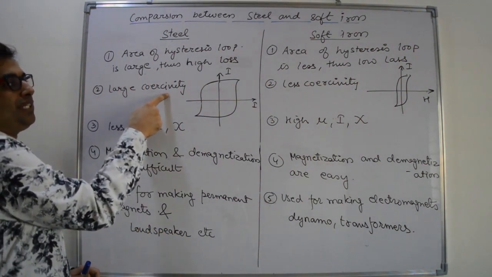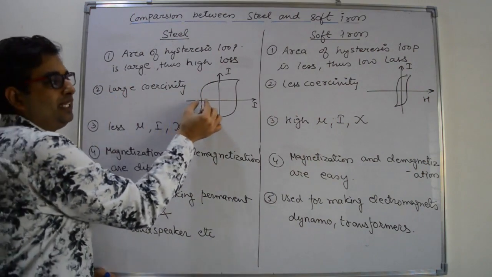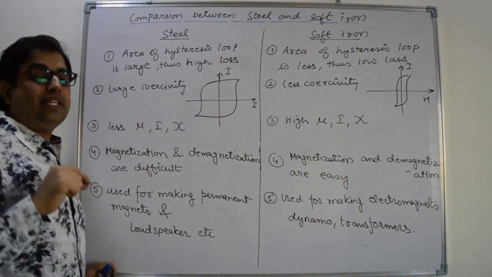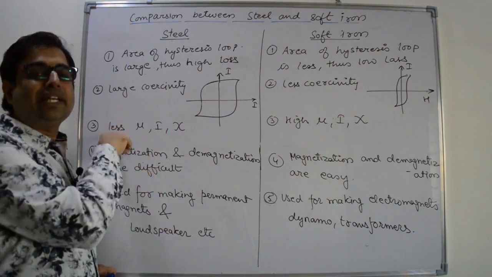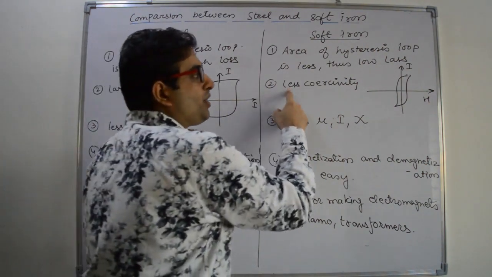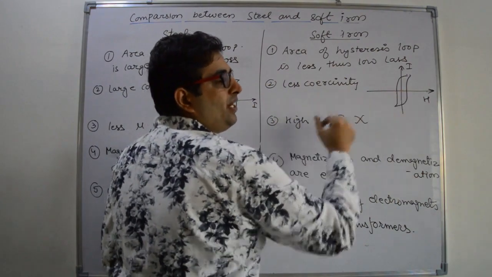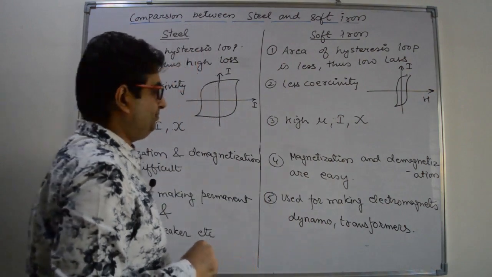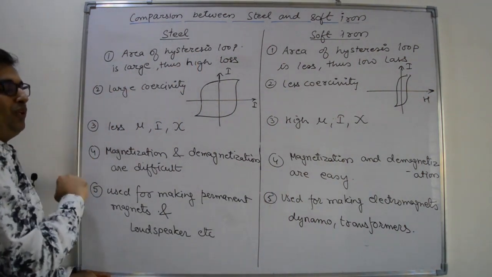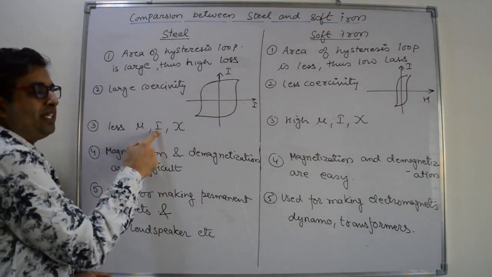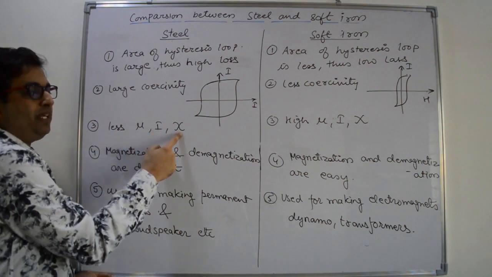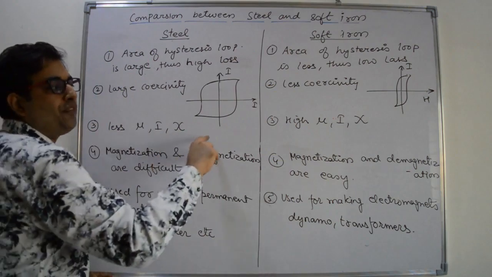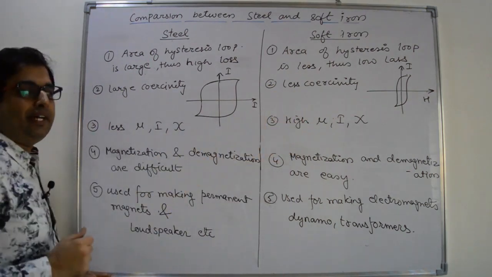Coercivity for steel is large, means this value is large. A thick graph tells us that it is difficult to demagnetize this material. For soft iron, coercivity is less. A thin graph means it is easy to demagnetize this material. The permeability, intensity of magnetization and susceptibility for steel are less than soft iron. For soft iron, these values are higher.